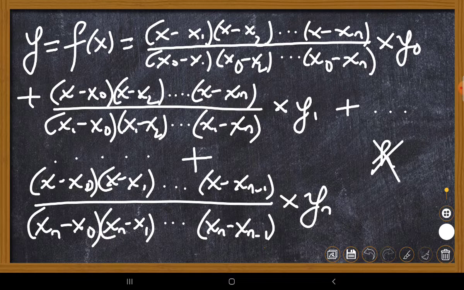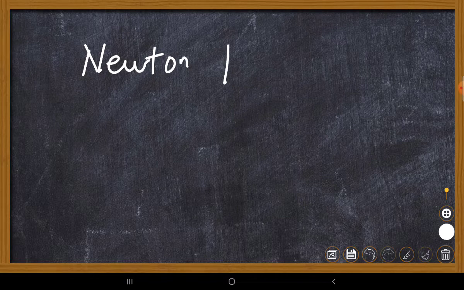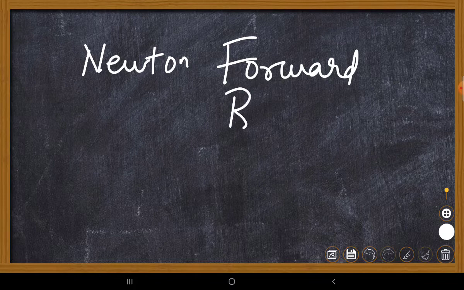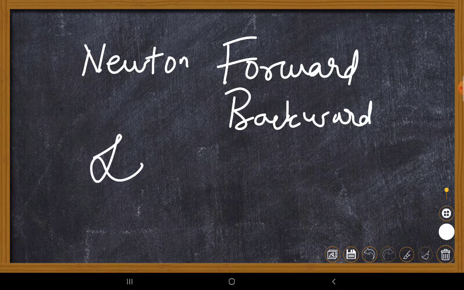So we have learned about these three formulas, and I would like you to practice all three: Newton's forward, Newton's backward, and Lagrange's formula.